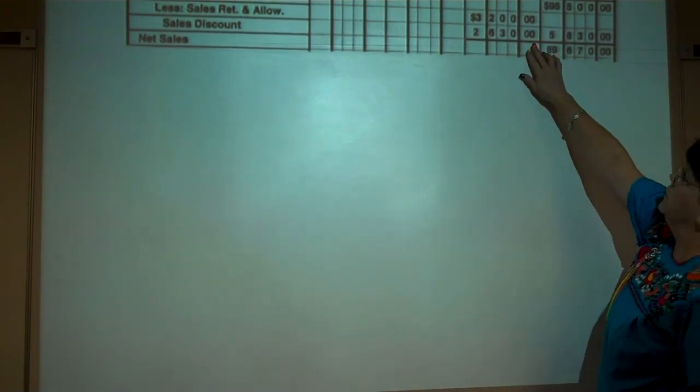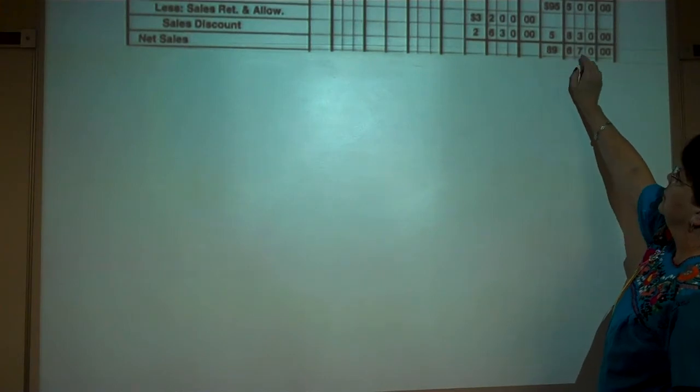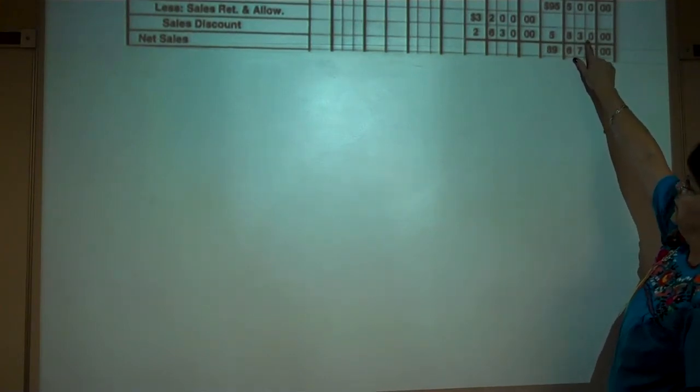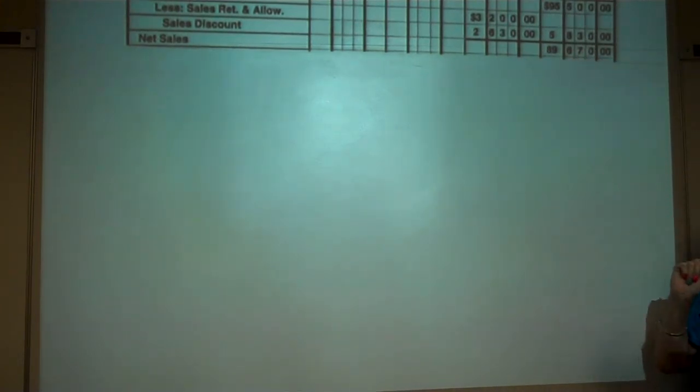We need to add those two up, bring your total over here, and that's equal to our net sales. Put it in your calculator. Dollar sign on the first number in a column.